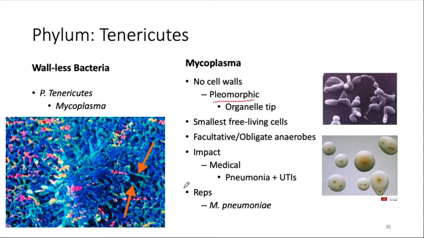They are probably the smallest self-replicating microorganism that exists. A representative of this group is Mycoplasma pneumoniae, which is associated with a very mild form of pneumonia. In this picture, what you see is how it appears when it's grown in colonies.